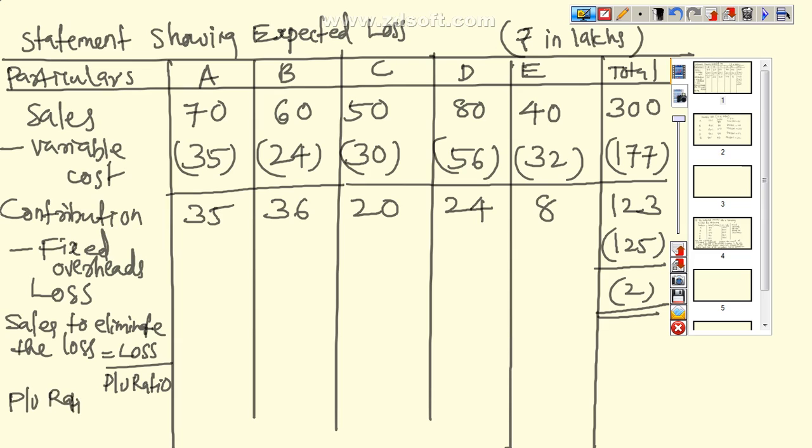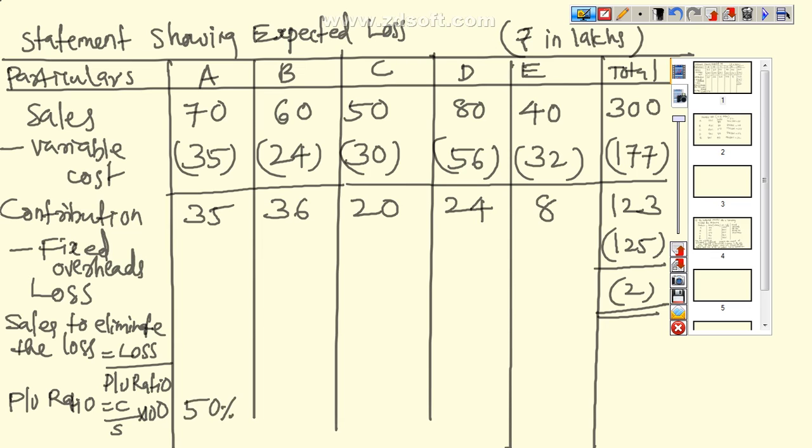PV ratio is equal to contribution upon sales into 100. We have already calculated contribution. 35 upon 70 into 100 is equal to 50%.